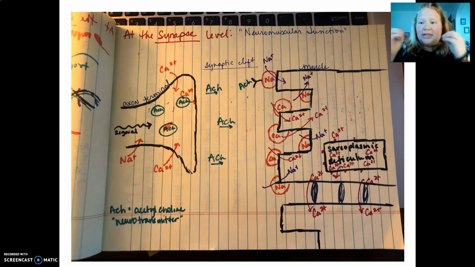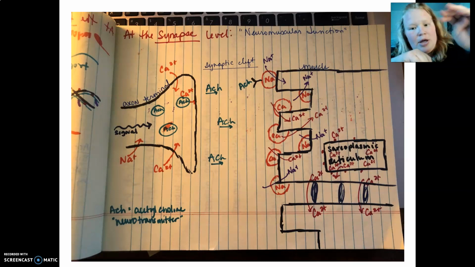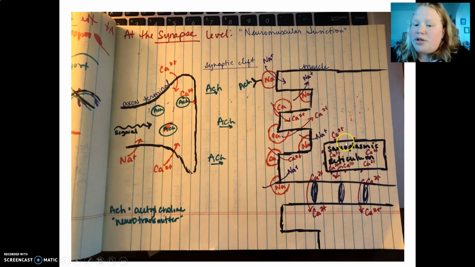And as it does that, it's moving the troponin, which then moves the tropomyosin, which will then allow the actin to bind to the myosin, or myosin to bind to the actin. So you have to have a lot of calcium to do this and to repeat your muscle movements. Okay, so you do have calcium coming in, but you also have that calcium binding to what is called the sarcoplasmic reticulum, which is here.